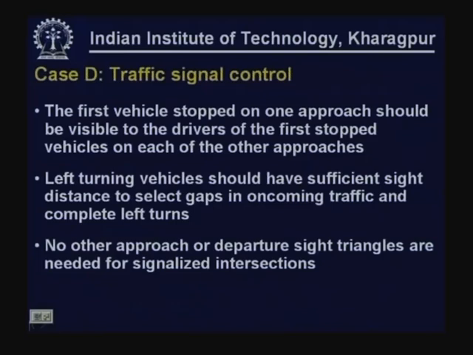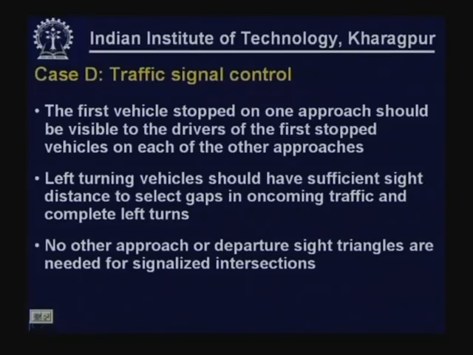So, left turning vehicles should have sufficient side distance to select gaps in oncoming traffic and complete the left turn. This is the additional consideration that may be taken. No other approach or departure side triangles are needed for a signalized intersection.